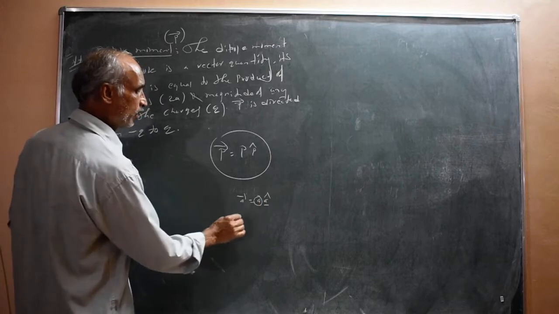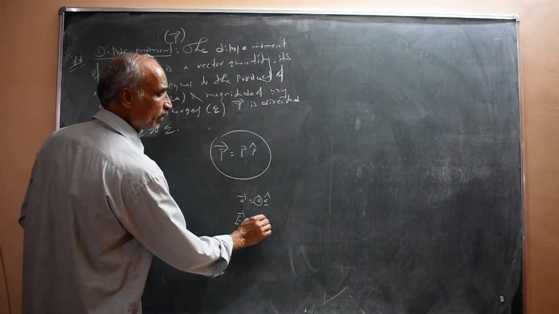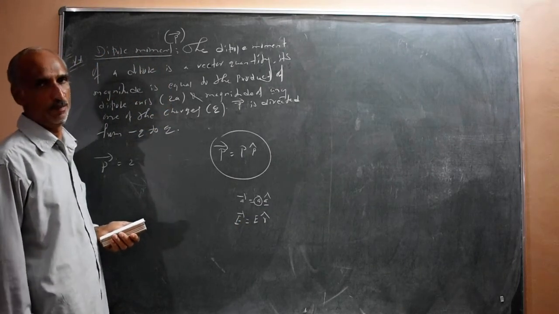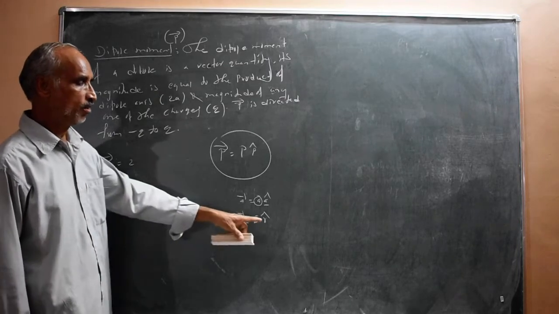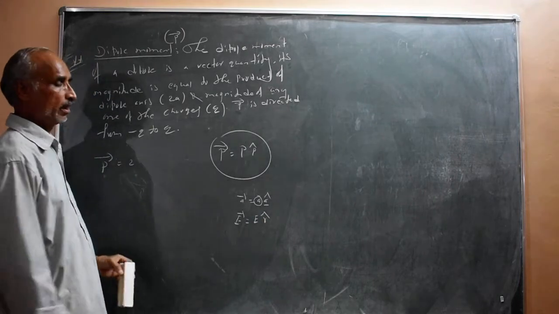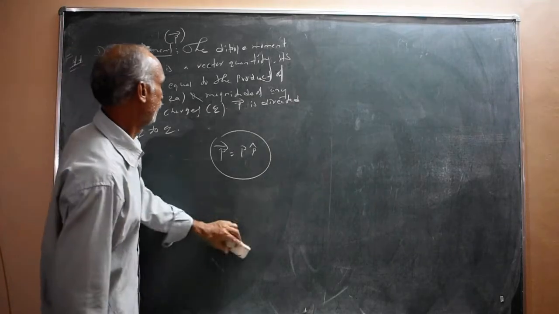For the electric field, E bar equals magnitude E into r cap, not e cap, since the direction is radially outwards or inwards. Therefore, p into p cap.